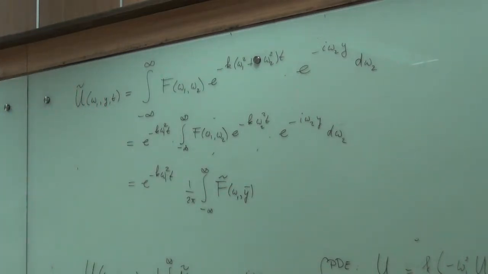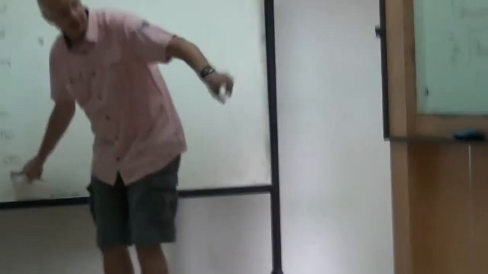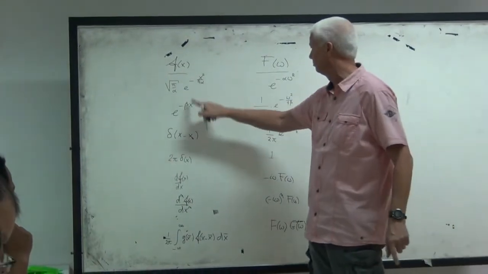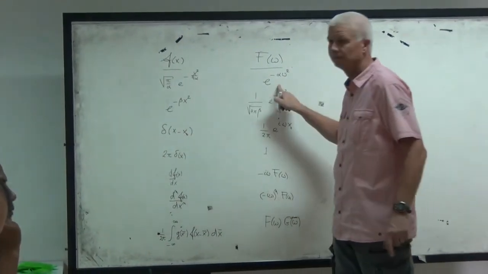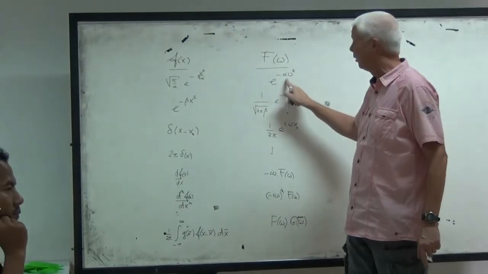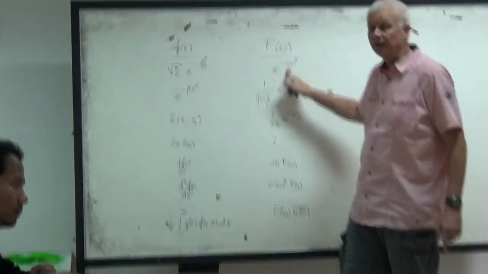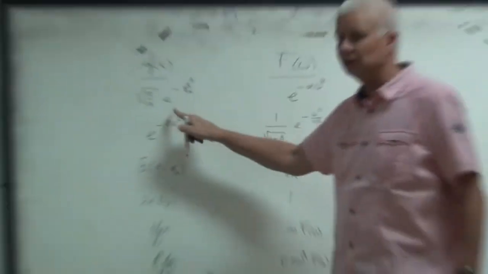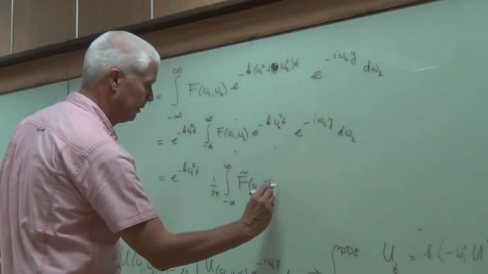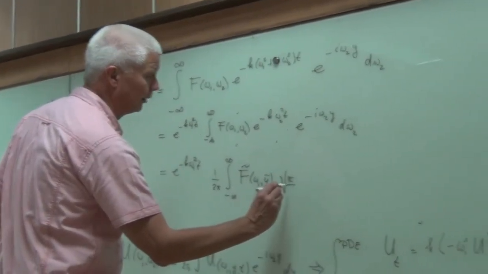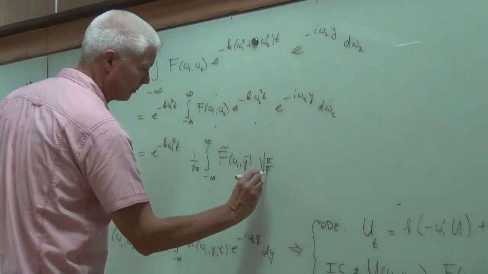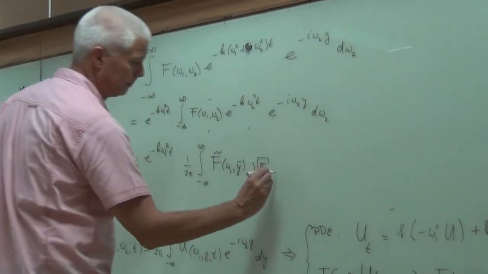Yeah? And then I should look at my g of omega, and that's that exponential e to the power minus k omega squared t, that is this one, with alpha in this case equal to k times t. So we will get back something like this. So I will get back over here the square root of pi over kt times e to the power minus (y minus y bar) squared over 4kt.